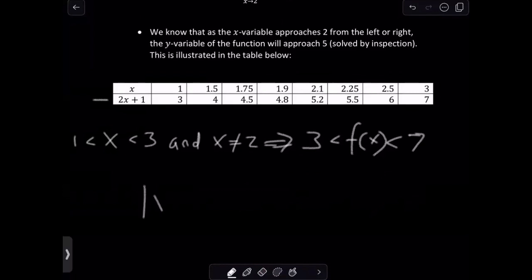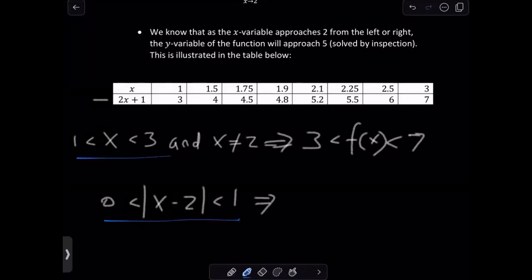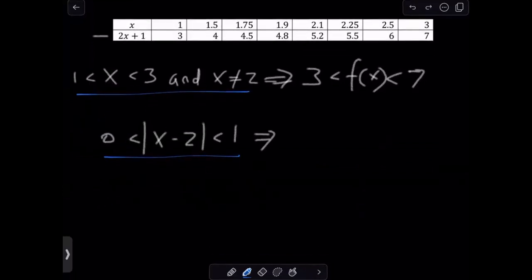I'm going to say the absolute value of x minus 2 is greater than 0 and less than 1. And that is going to imply, so this portion here is that portion there. Before I go on to the second portion, let me explain why this is the same.